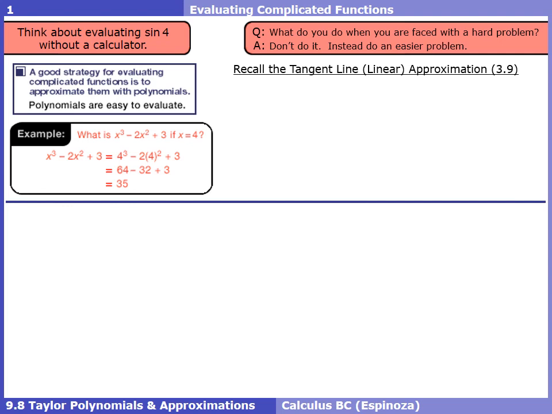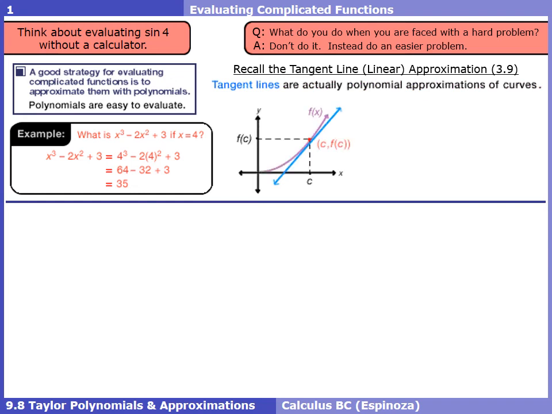So let's recall back from 3.9 when we looked at our only type of approximation we did, and that was using a tangent line. Tangent lines usually do a pretty good job of approximating curves. So tangent lines are actually polynomial approximations of curves. And here's a quick little picture. Let's pretend we have this function in purple that we don't know, and let's pretend maybe that's our sine function.